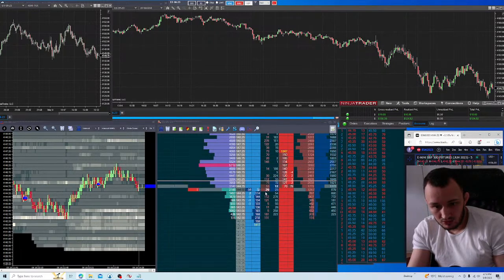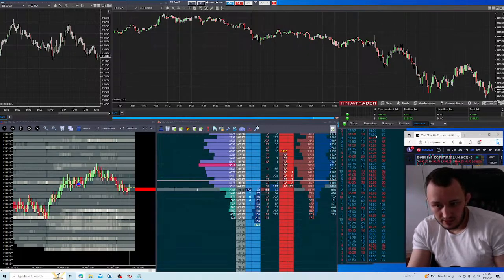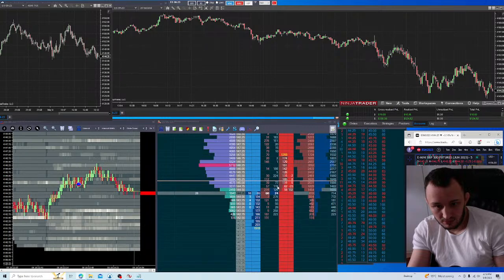This bid is not all too strong though. It only took 50, 70 contracts to push it down. Seems maybe this was it for the retracement. We still see 50. They're hitting at 50, 45s, but they're not moving it up.